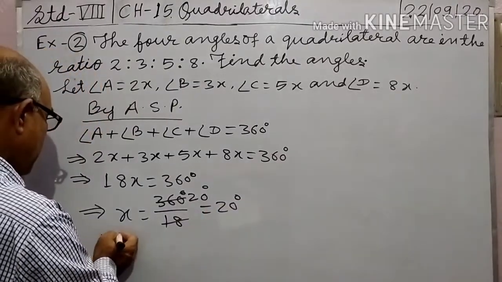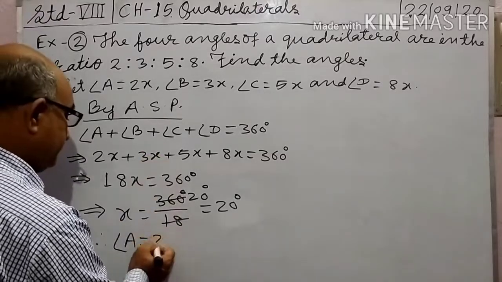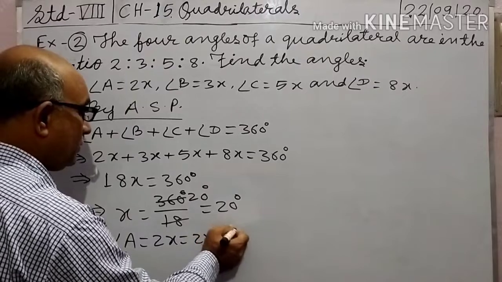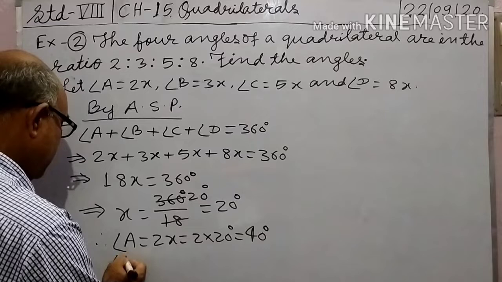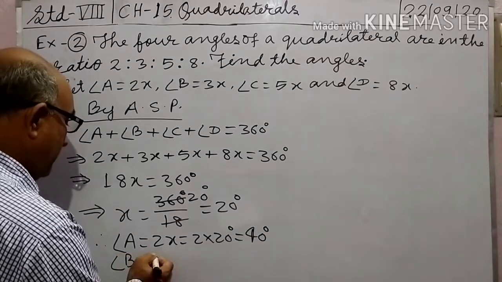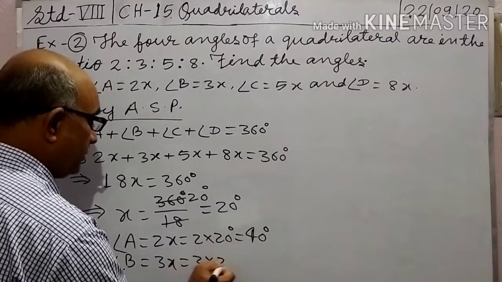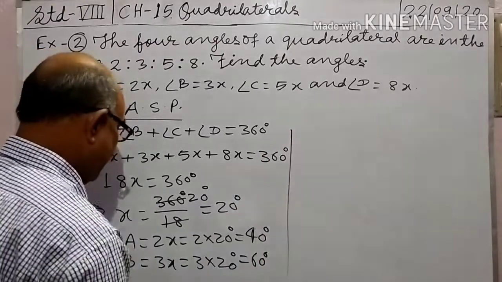Now, therefore, angle A equals 2x, equals 2 into 20 degrees, equals 40 degrees. Angle B equals 3x, equals 3 into 20 degrees, equals 60 degrees.